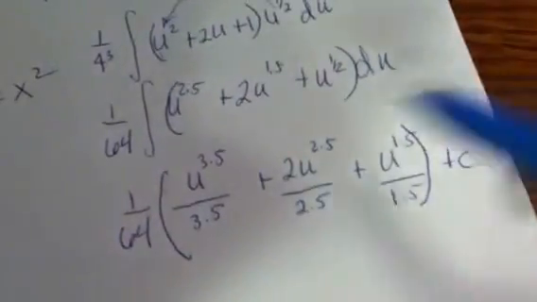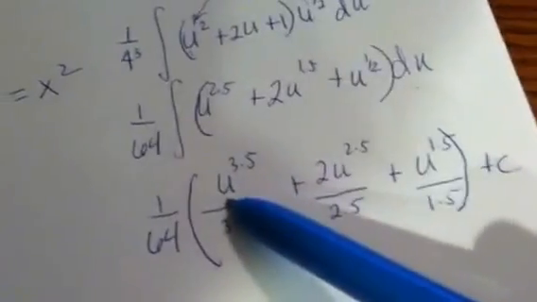Again, we don't really care about the u's, so we're going to replace each one of those u's with 4x minus 1.